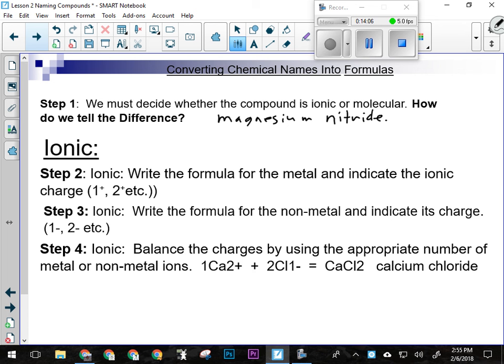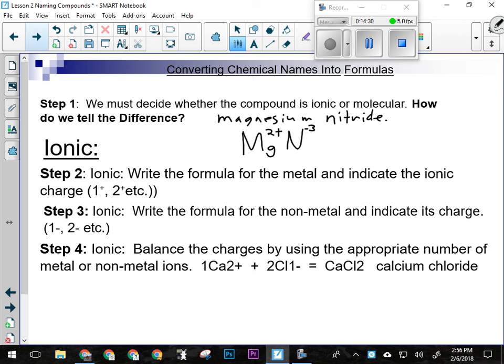My next step is I write the formula for the metal, and I write its charge above and beside it. Magnesium is a 2+ according to my periodic table. The other part of this compound is nitride. The symbol for nitride is N, and the charge on nitrogen is -3.